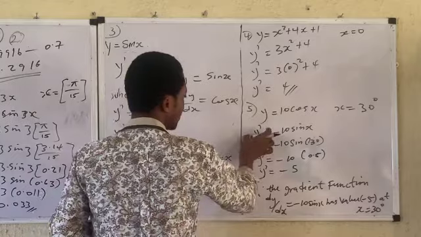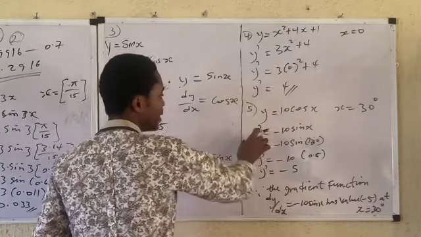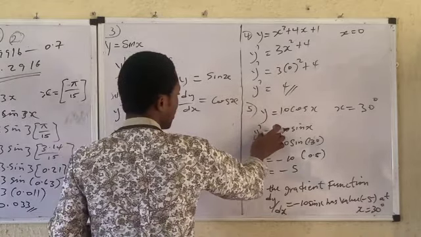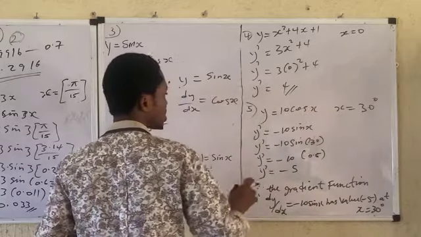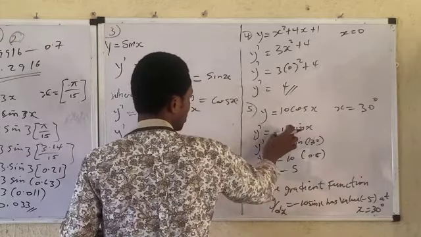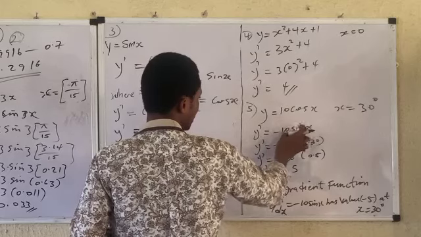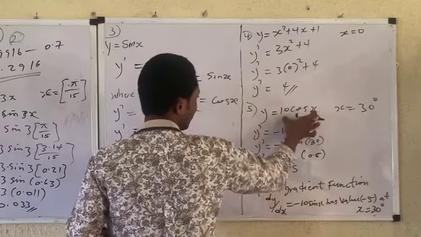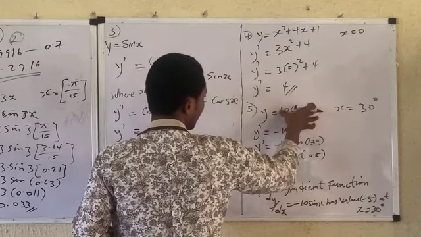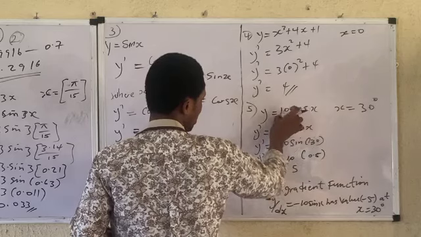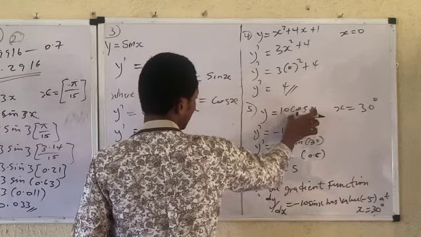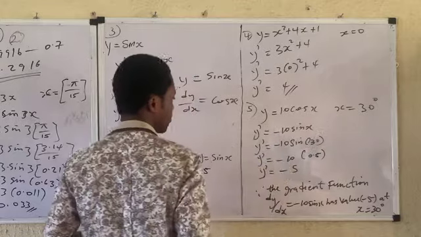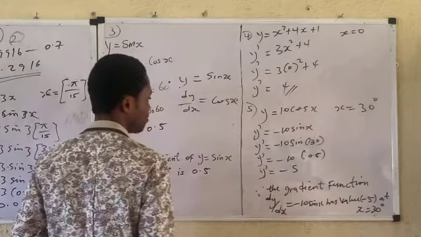Now, we take the differential form of y. y prime equals 10, differentiate cos, will give us negative sine. Minus 10 sine x is the differential form, because this 10 is the coefficient of the trig, right? Now differentiating the trig gives us negative sine x. That's how we got this value here.